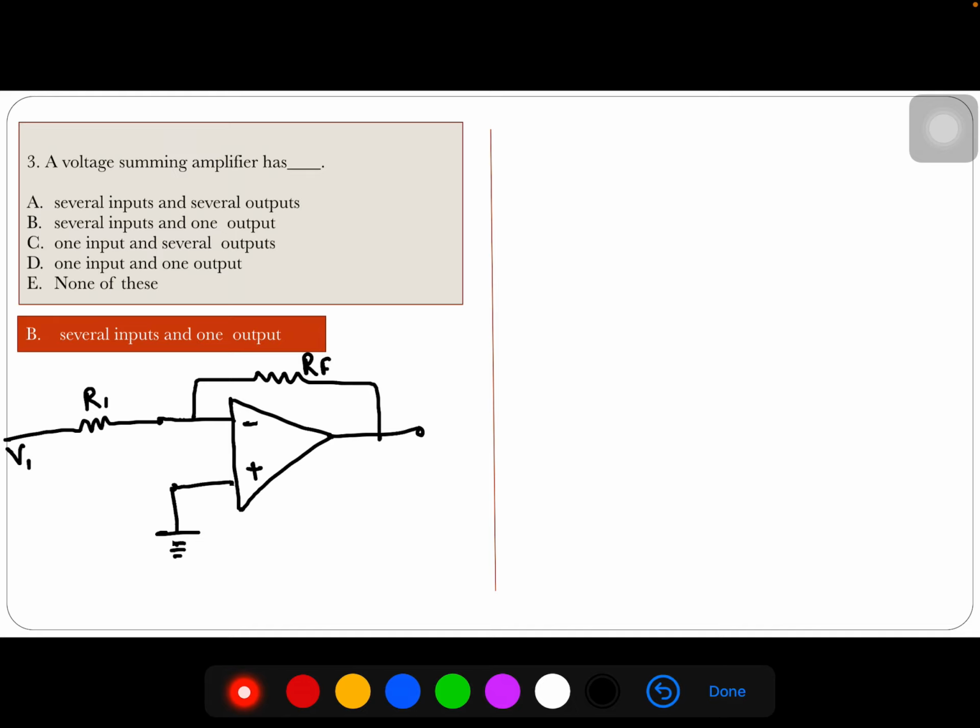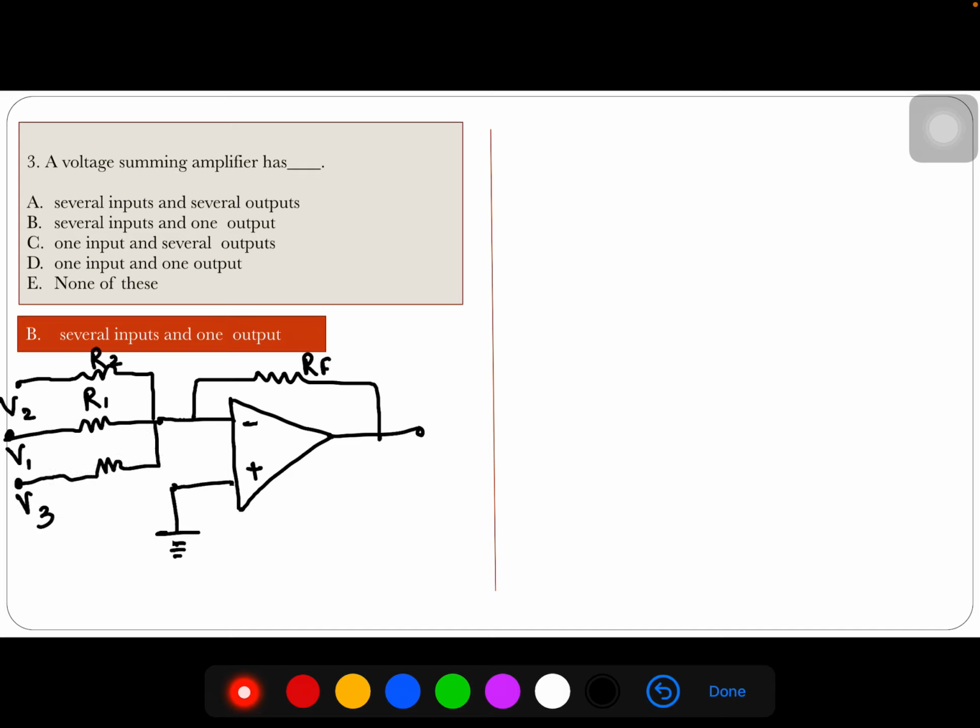Whatever inputs you have to add up, because it is a summing amplifier, its basic application is to sum up or add the input voltages. So all the voltages that have to be added will be applied at the inverting terminal. Currently, you can see I have applied only one input, that is V1. But if you want to apply more inputs, you will apply them like this.